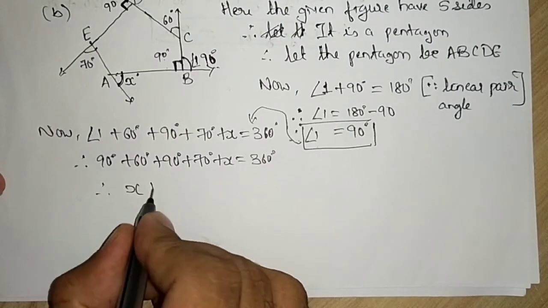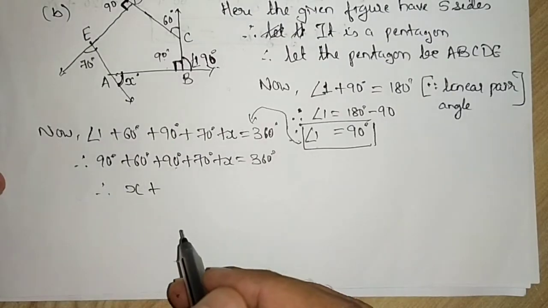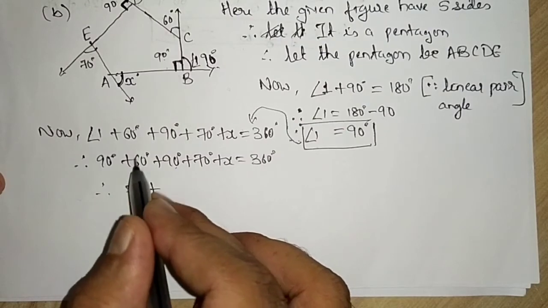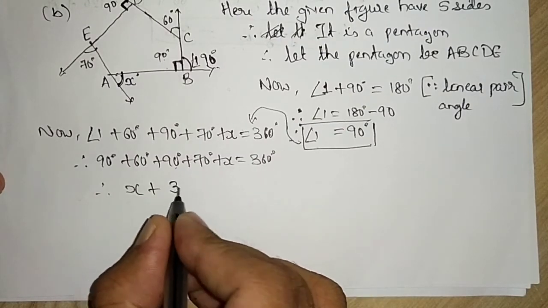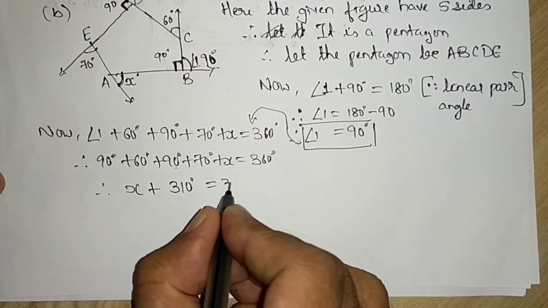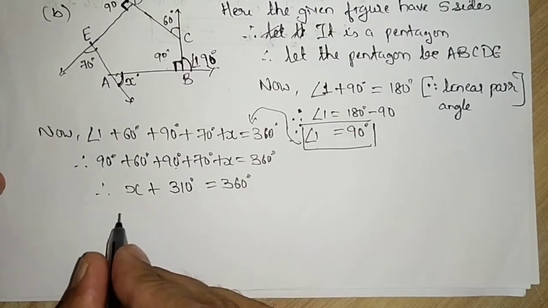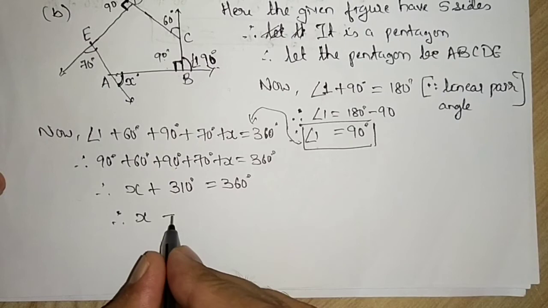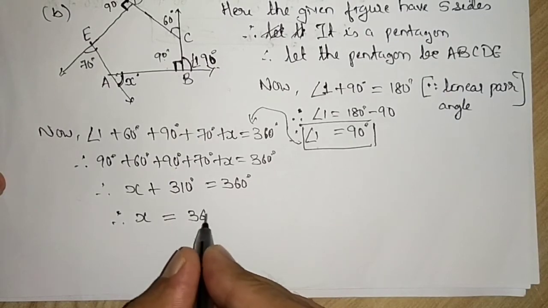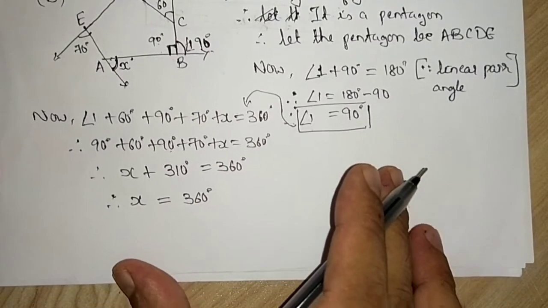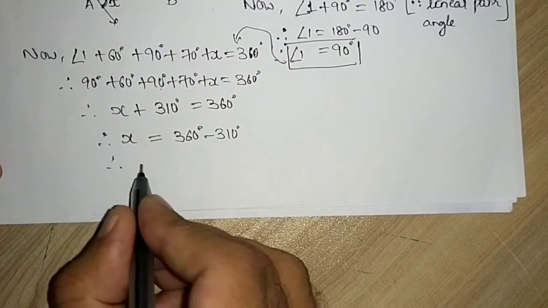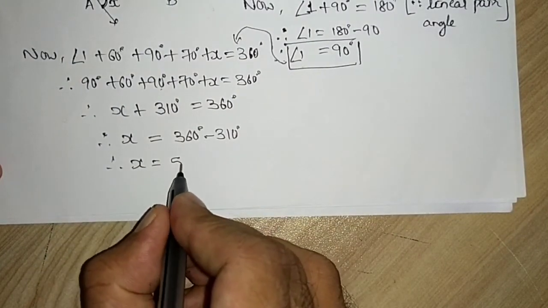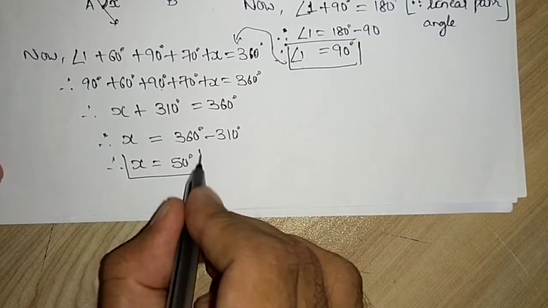Therefore x plus 90 plus 90 is 180, 180 plus 60 is 240, 240 plus 70 is 310 degree, is equal to 360 degree. Therefore x is equal to 360 degree minus 310 degree. Therefore x is equal to 50 degree.